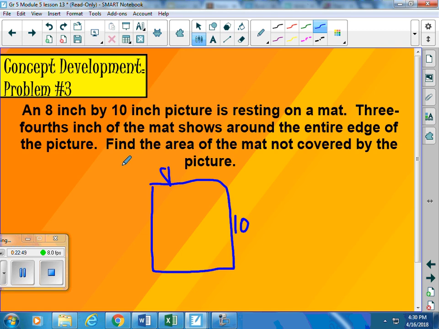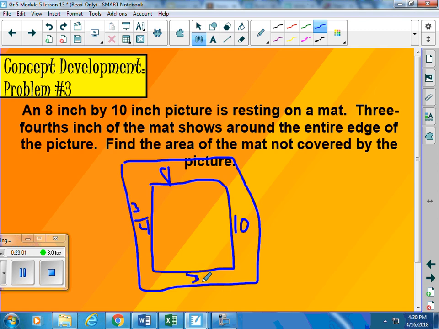Now, the mat has 3/4 of an inch around the entire picture. So it says find the area of the mat not covered by a picture.